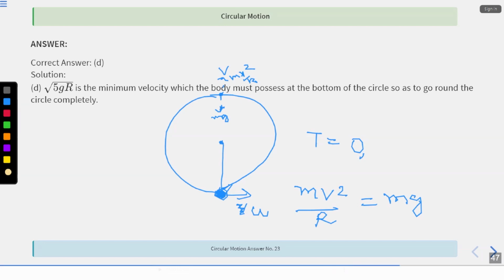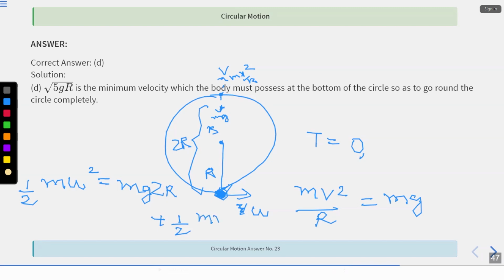So I can conserve the energy like half m u square is equal to mg into the height, which would be r plus r. That will be 2r. So mg 2r plus half m v square. Just remove the m's.